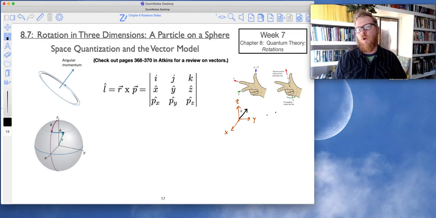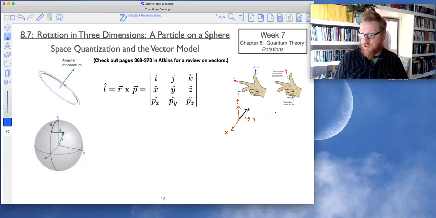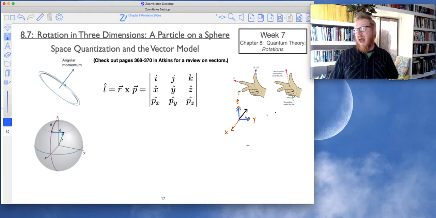Of course, this one I've only drawn in the z, y plane. That means this vector would have projected magnitude on the z-axis, or really I should say projected length on the z-axis. It would also have projected length on the y-axis.